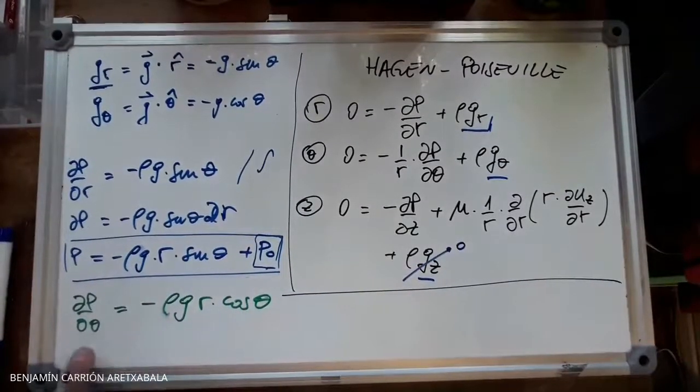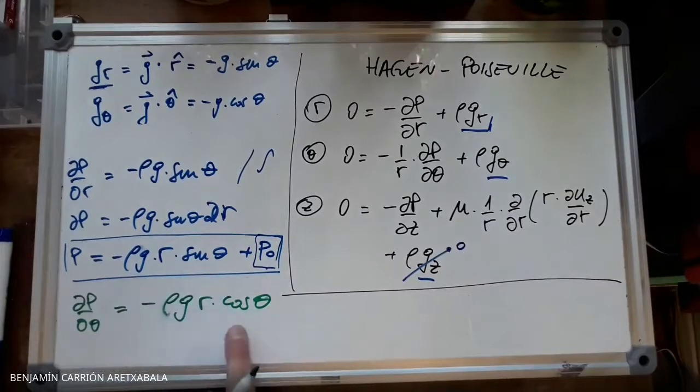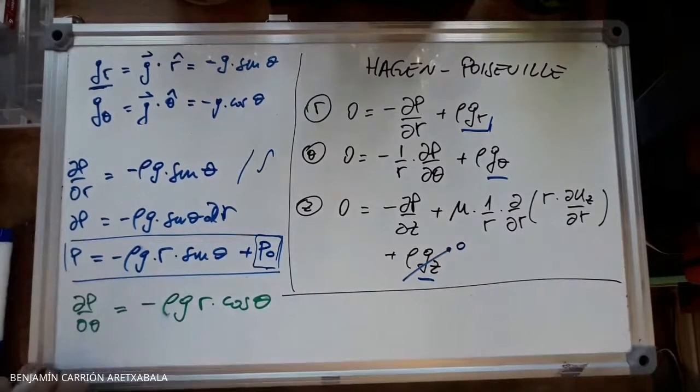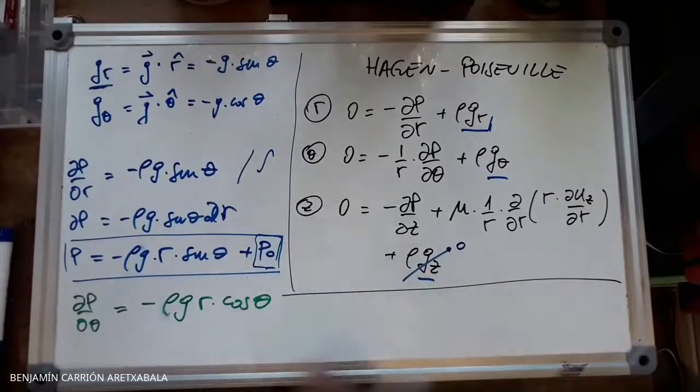So the pressure changes along the tangential direction, not on the sine, but on the cosine. And we can use this equation to try to determine this P0. In principle, well, we don't know that value, so let's leave it that way.